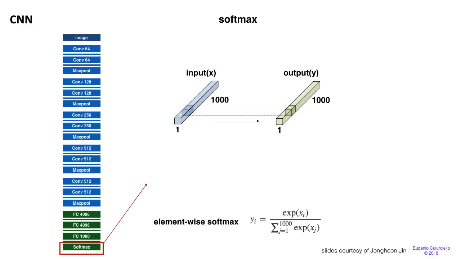The very last layer of a CNN could be a softmax, which takes all the output of the multi-layer perceptron, which could go from -1 to 1, and turns it into a probability using this formula, an element-wise softmax.